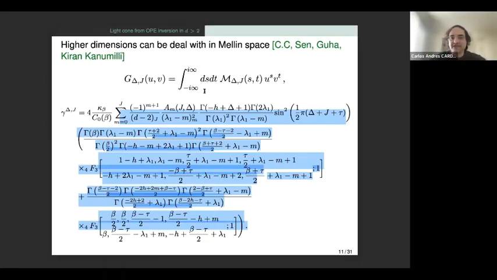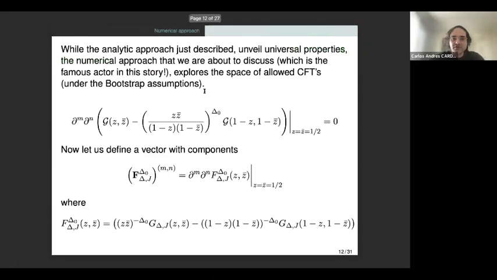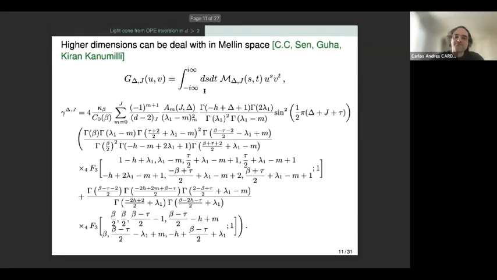Now, something nice about these two formulas that I'm showing you here is that they are universal. I haven't made any assumption about my theory. We have not made any assumption about the OPE coefficients or the spectrum of this theory. We only use the assumption that this correlator can be computed, that the light-cone limit exists.